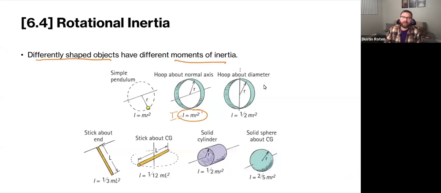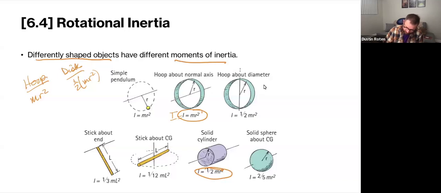Then we were comparing that to a solid disk or a solid cylinder, and that's 1/2 mr squared. So you see that the hoop has more inertia. The hoop is mr squared, but the disk from the previous slide is 1/2 of that. So the disk has less inertia.